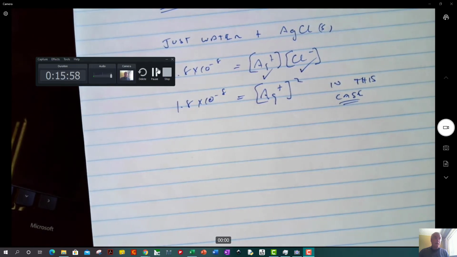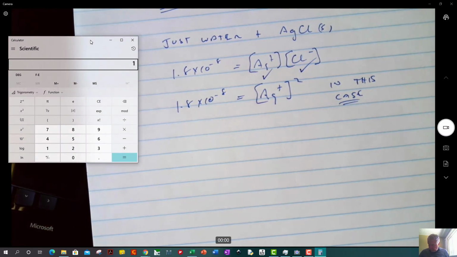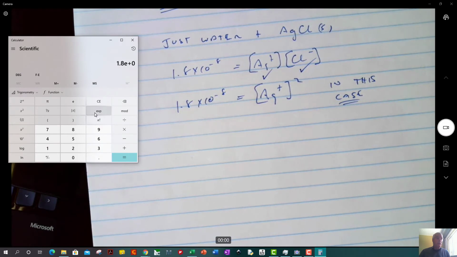Hold on just a sec. And I'm going to say that 1.8 times 10 to the, oops, I don't know how to do that, exponential minus 8. There we go. Oops. Oh, shoot. Oh, forget it.